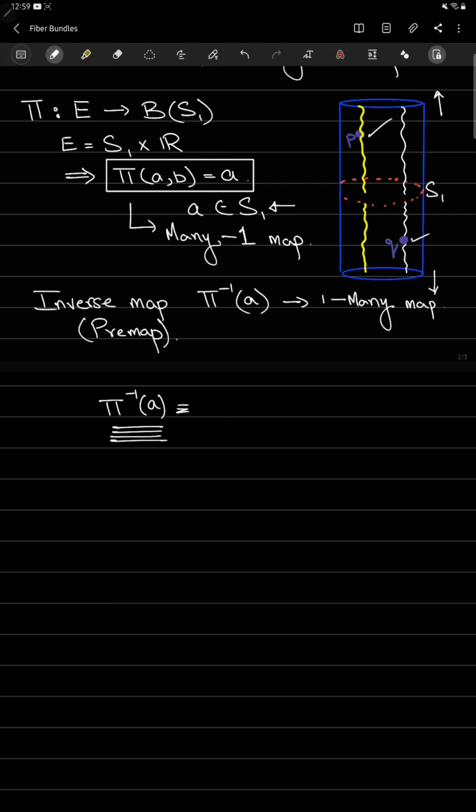So for example, on the cylinder somewhere I had this point A. If I give this inverse map A, it should give me the real line at A. And if you remember, I told you that this real line is known as the fiber, right? So that's what we essentially wanted.